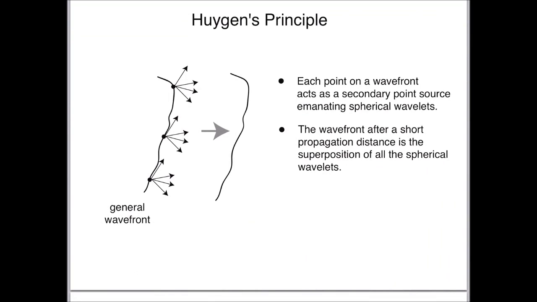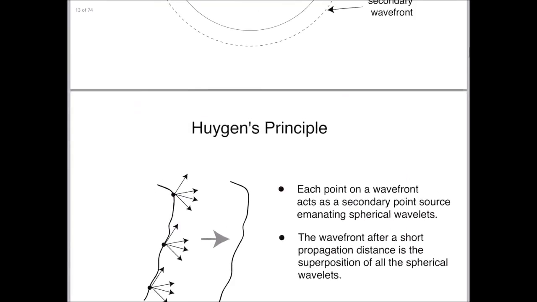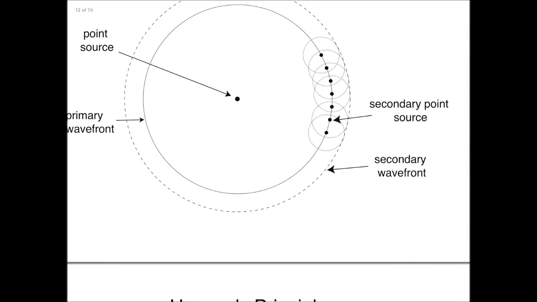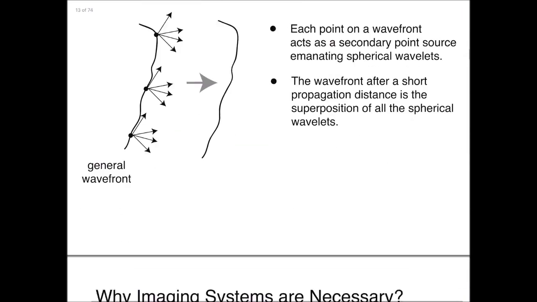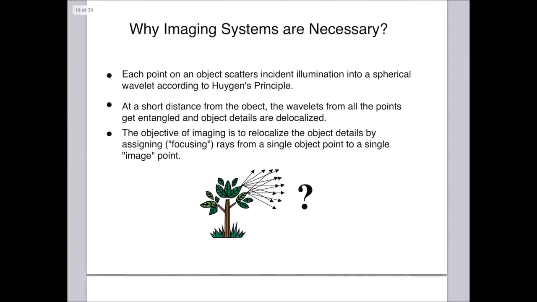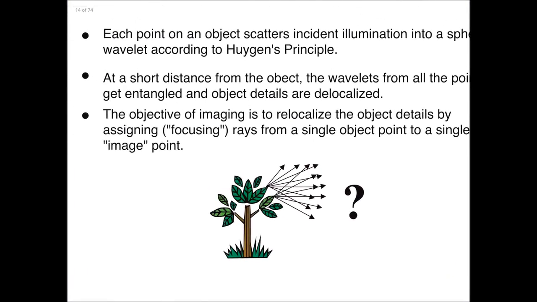So this leads to a question as to what happens if I have this point source and I'm looking at it from a big distance, say a few meters away. By the time the light reaches me, the wavefront would have expanded to a huge circle. Now imagine you have, instead of a point source, a more complex object.